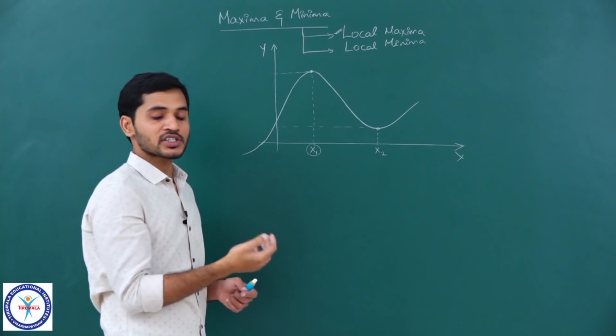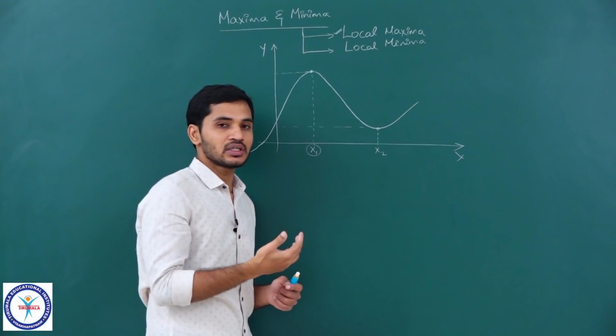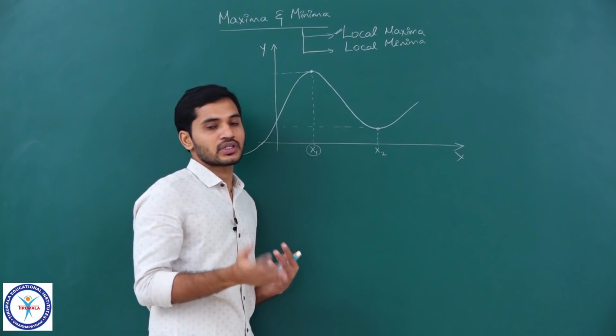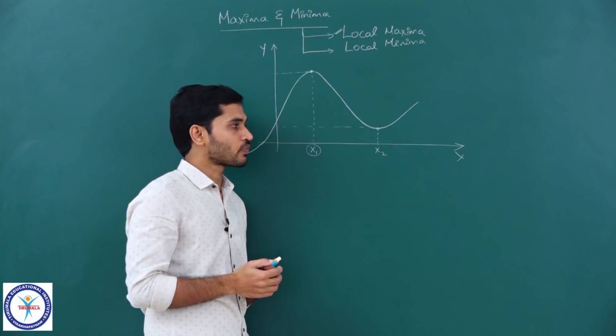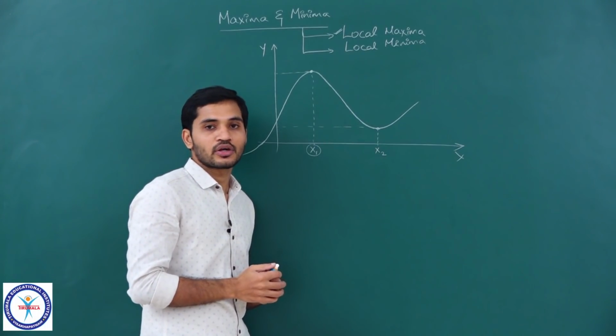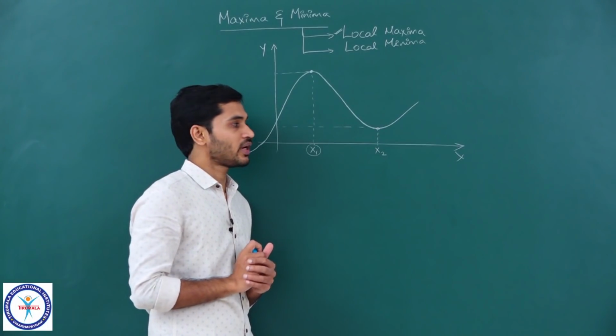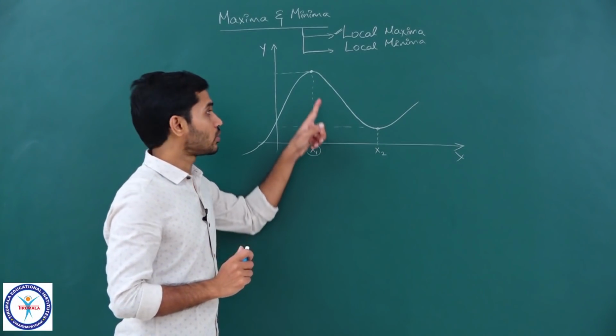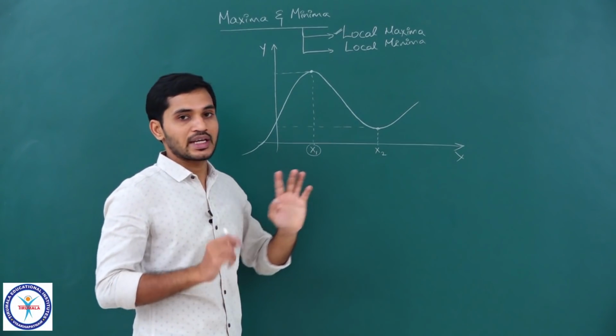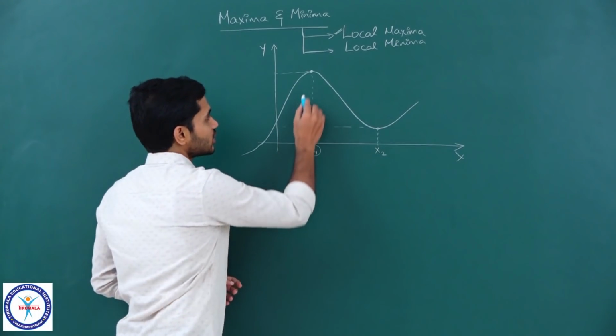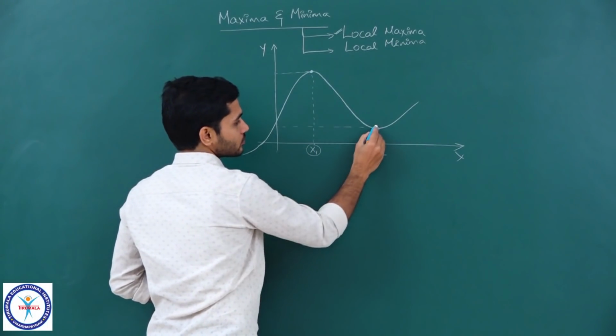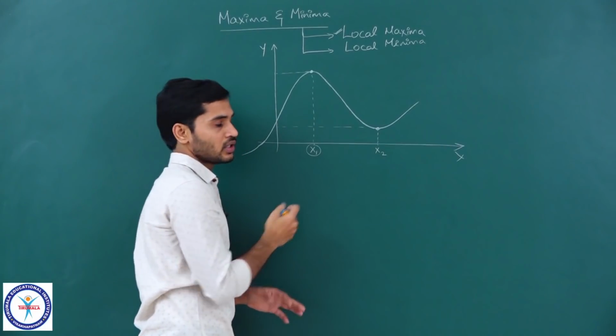The overall minimum of the function is called global minima. Clear? We don't need to worry about that now. We don't use that in physics also. You'll learn about all that in your maths classes. For us, it is not required. We are only concerned about local maxima and local minima. That is all we need. So this is our local maxima, this is our local minima.